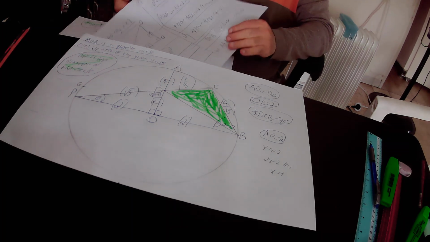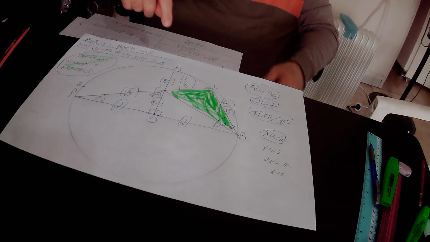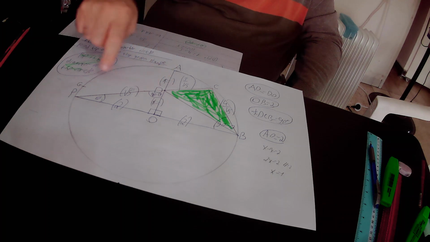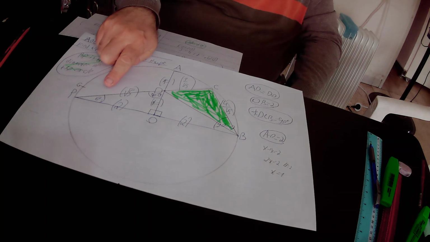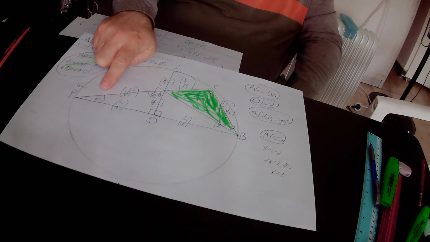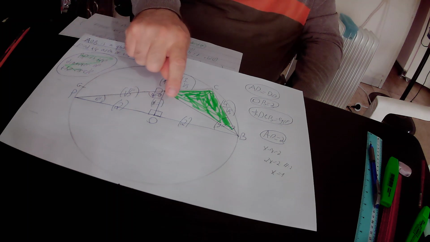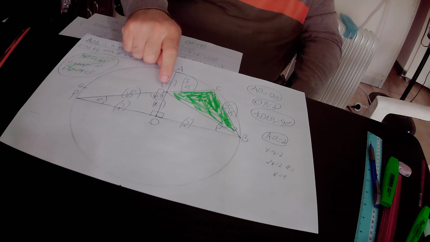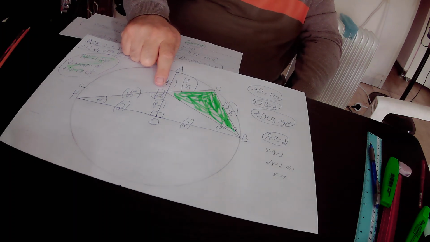In the next step, we focused on this right triangle DPO, and we defined angle DPO as theta. In this right triangle DPO, this angle equals theta, this angle equals 90 degrees, therefore the missing third angle must be equal to 90 degrees minus theta.